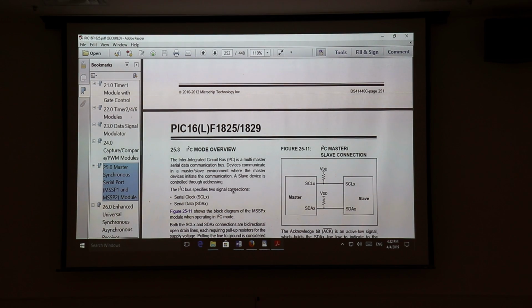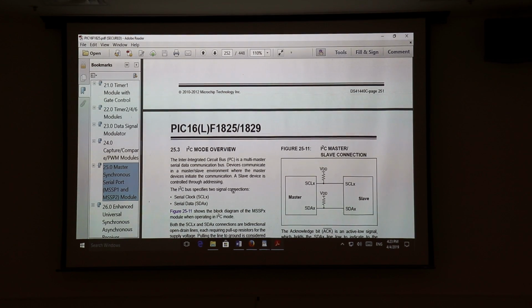But you could have one of your SSP ports set up as a master port for I2C, and the other one set up as a slave port for I2C, and that would work fine. Your chip could listen for people that are trying to talk to it as a slave, and then it could take charge and send out information as a master whenever it wanted.